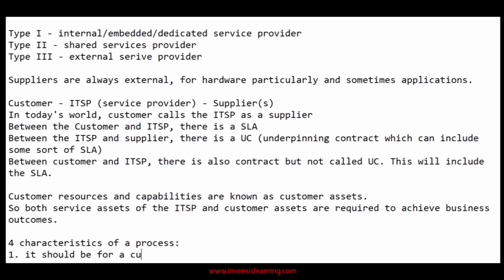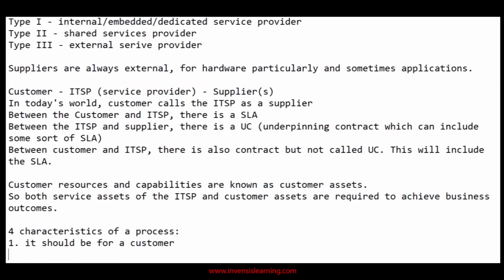A process should eventually deliver something to a customer. It should not be just for internal purposes. It's a waste. In the office usually we have some internal processes, but somewhere it should link to the customer, align the outcome to the customer, provide value. So that's what it is.